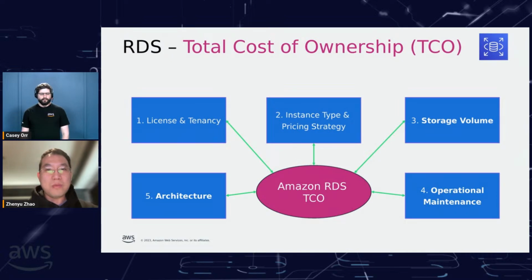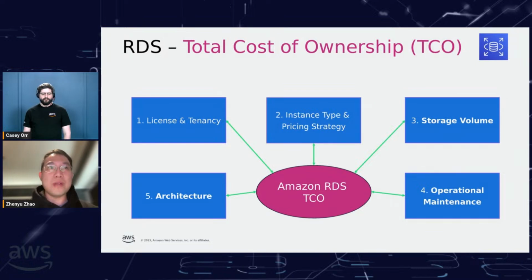So when we look at the RDS, where is the cost structure? For each individual one, we break it down into 5 different categories. The license and the tenancy can be one cost element, the instance type for sure, and your pricing strategy, whether you're reserved or not, and also the storage impacts quite a lot.